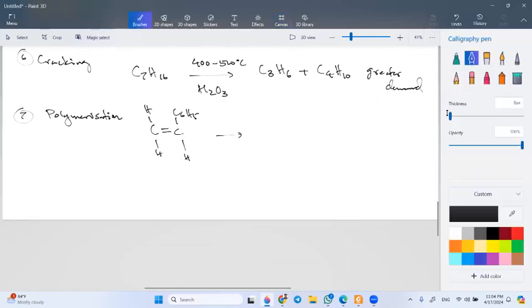So the molecule is broken, the double bond is broken, and these components are added continuously, right? So say this is 1 unit that can be added again and again, like this, C6H5, H, H, like that.